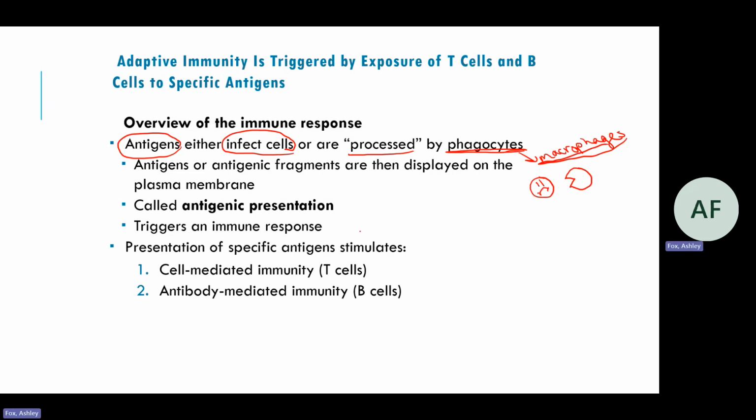A way that we communicate throughout the immune system is that either the entirety of an antigen or a piece of that antigen is put up on a flagpole on the plasma membrane. It's going to say, hey, that pathogen is inside our body.